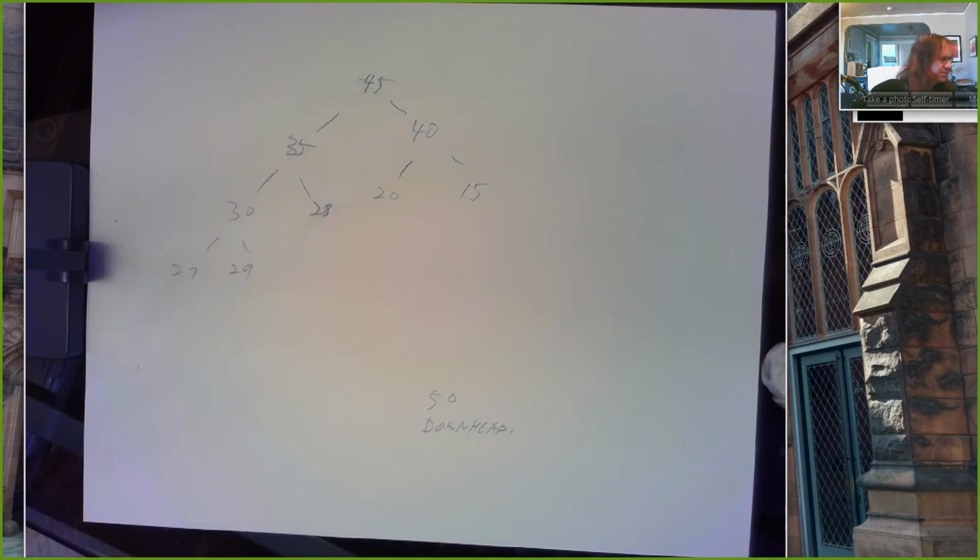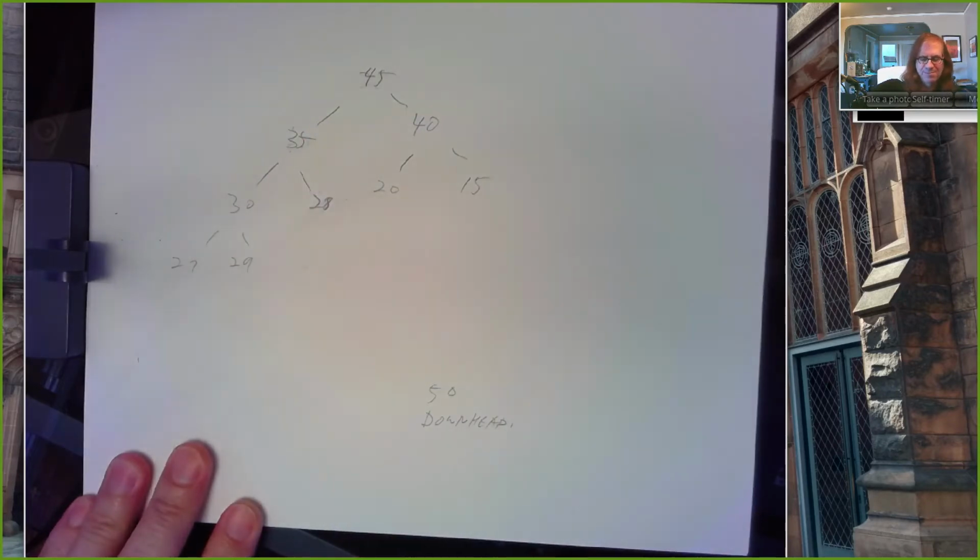How many operations do you think that takes? Ballpark. So removing the root is order 1, right? Because we just take the root of the tree, root arrow data.